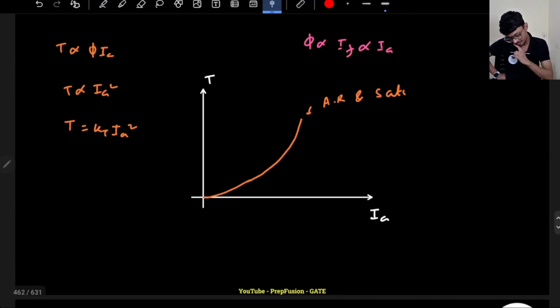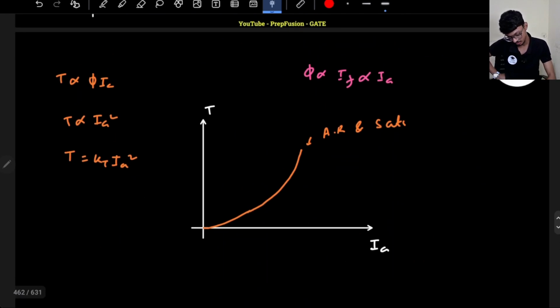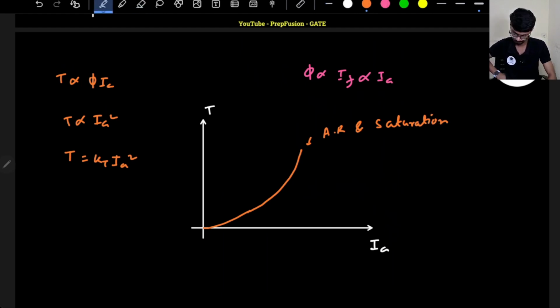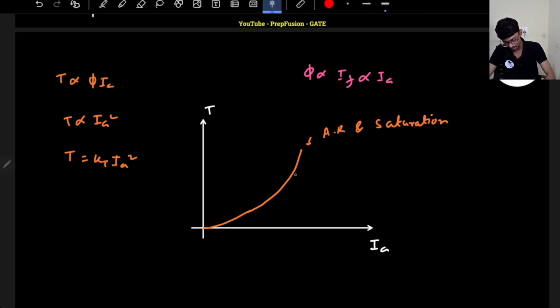Okay, here as well, if I assume saturation, this is without saturation. If I consider saturation, then what will happen? For higher loads, the torque will linearly vary with flux.